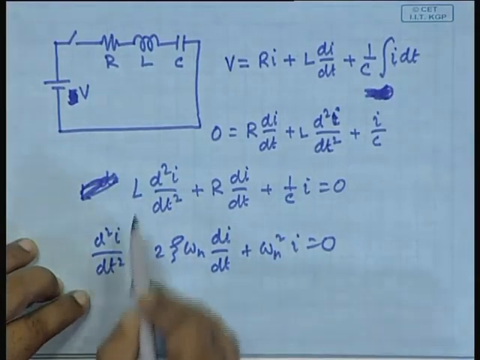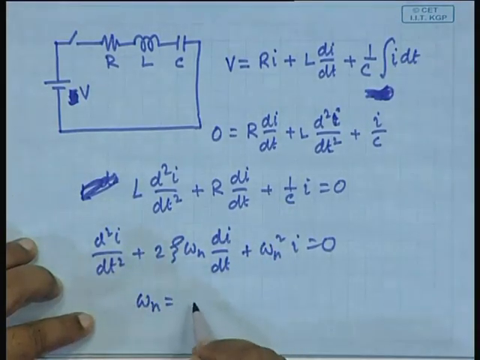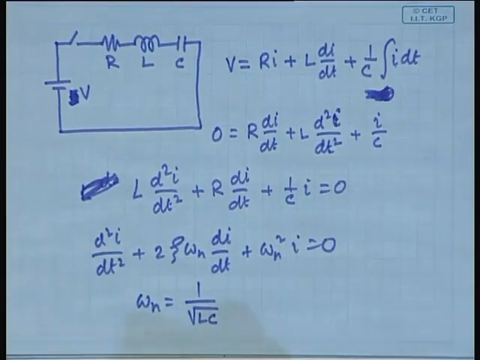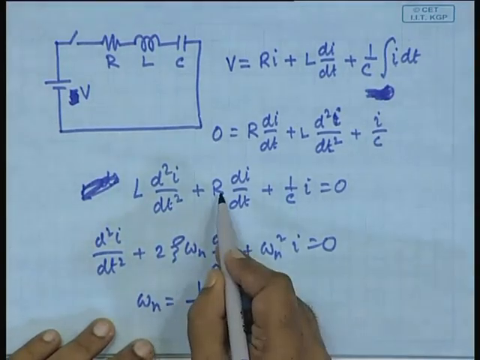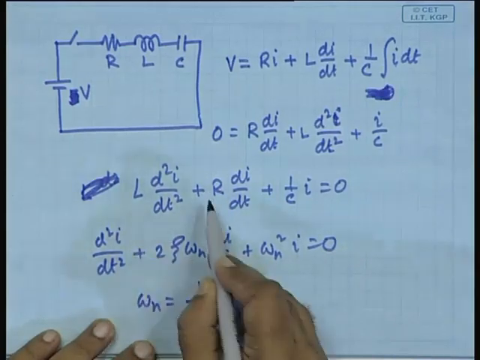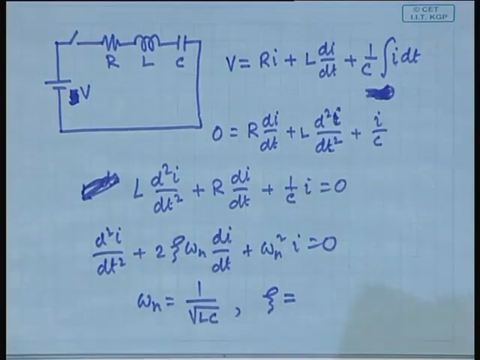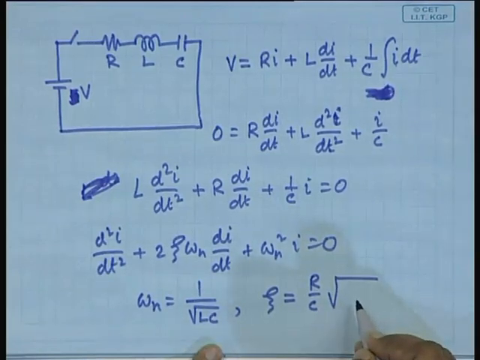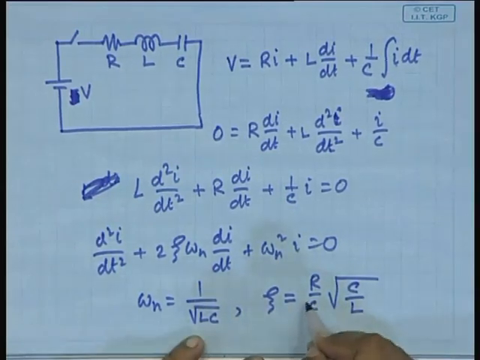So, omega n is equal to 1 by root LC, fine. If omega n is this and twice zeta omega n is R by L, then what is zeta? R by 2 root over C by L. See, check. R by 2, sorry.